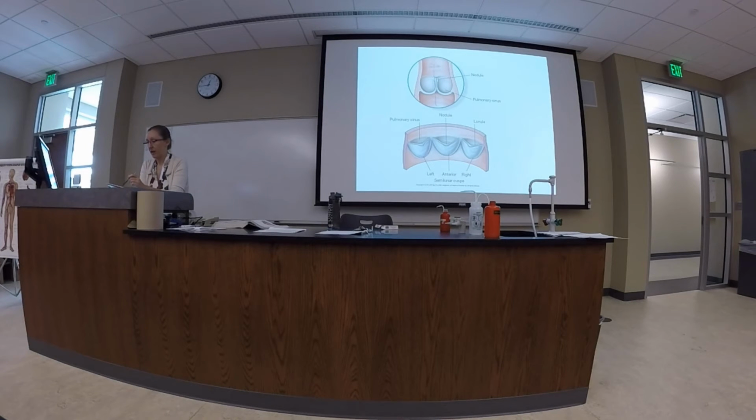And then after ventricular contraction, the blood is going to start flowing back this way and will fill these pulmonary sinuses here, the little interior parts of those cups, and actually force them open, kind of like a parachute would. And that functions to close the valve and prevent backflow into the heart.